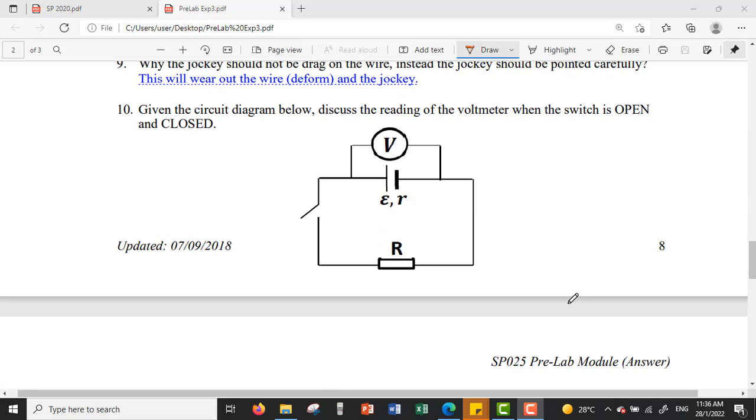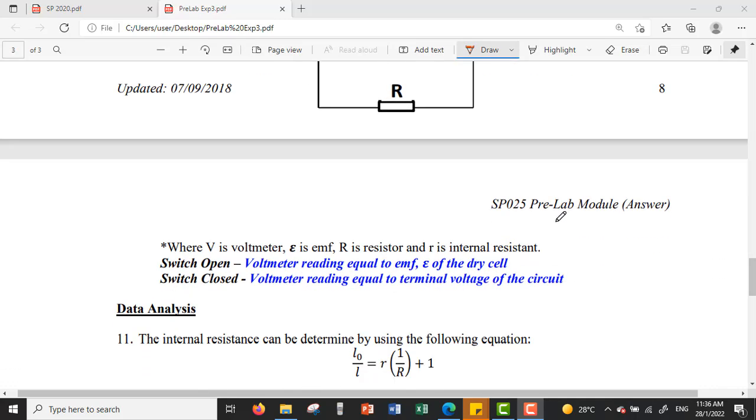Then proceed to question 10. Given the circuit diagram below, discuss the reading of the voltmeter when the switch is open and closed. When the switch is open, there will be no current flow from the battery. So at that time, our voltmeter reading will be equal to the EMF of the dry cell.